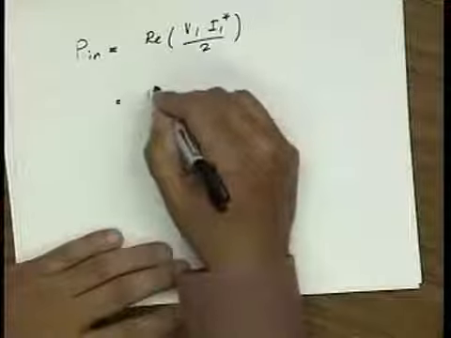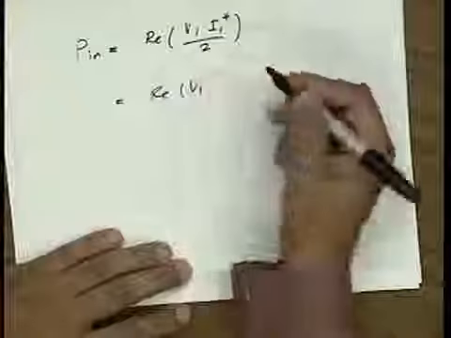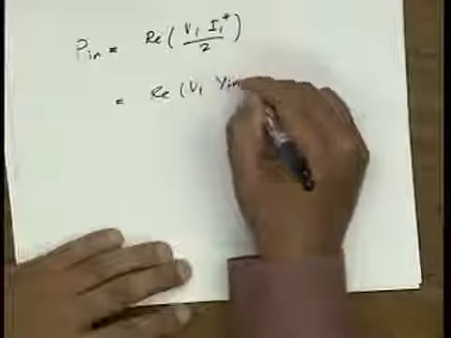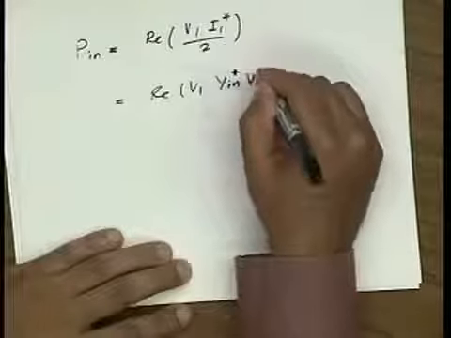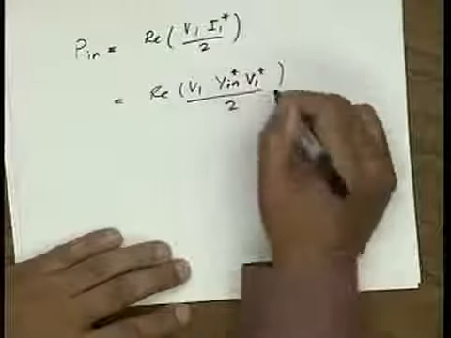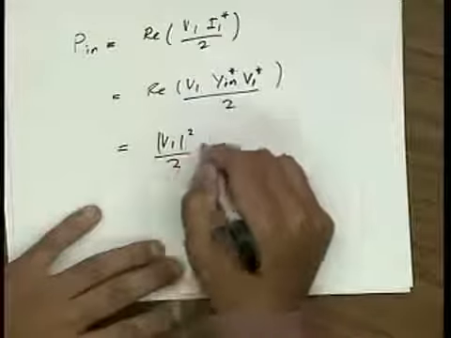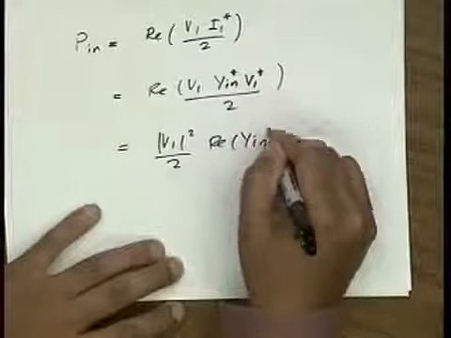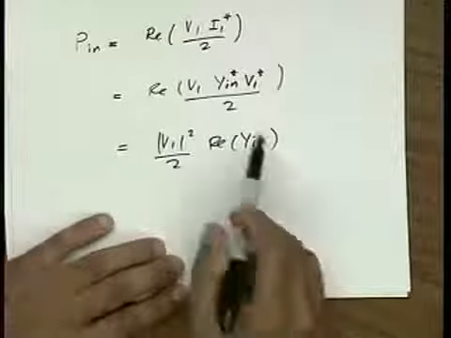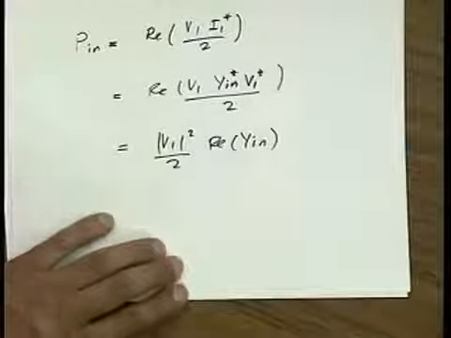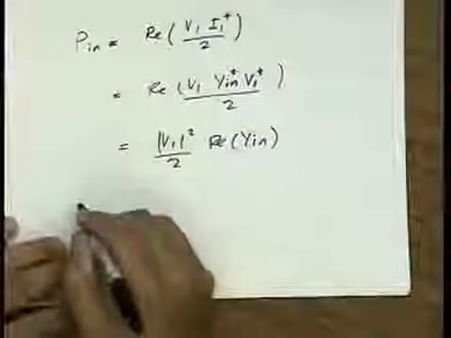And I can write I1 as Yin conjugate times V1 conjugate, and this simply is V1 squared divided by 2 times the real part of Yin, because the real part of Yin is equal to the real part of Yin star.